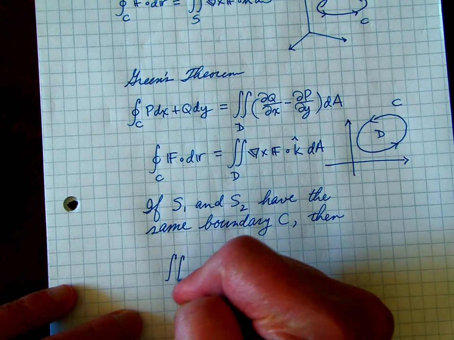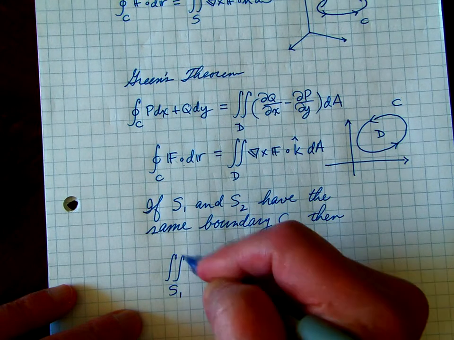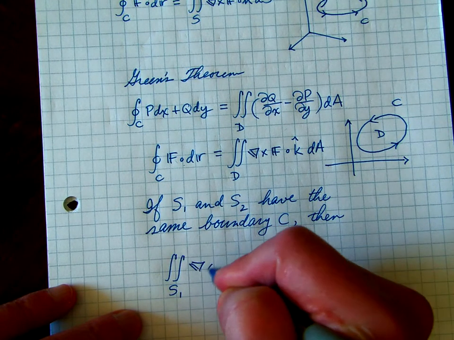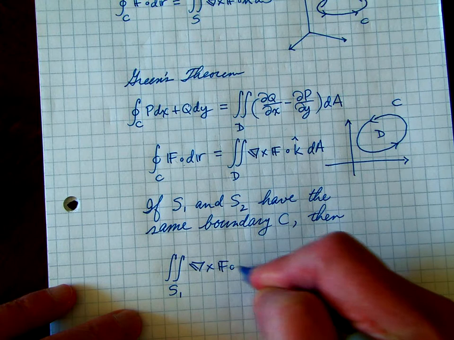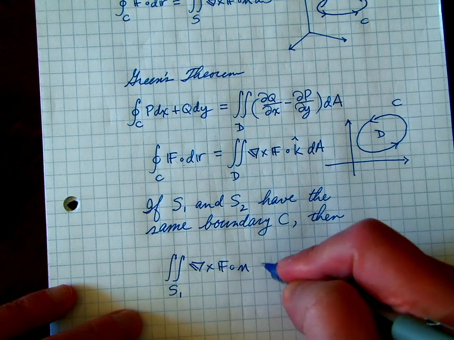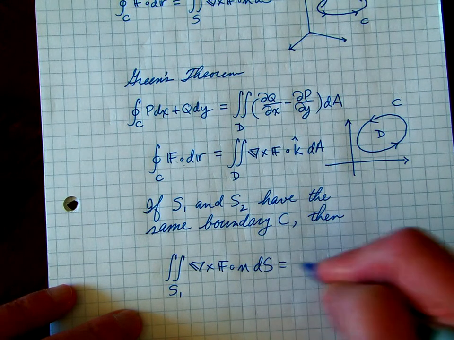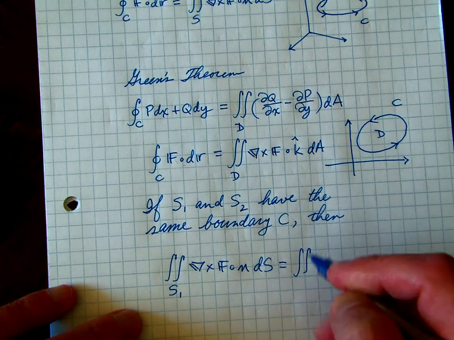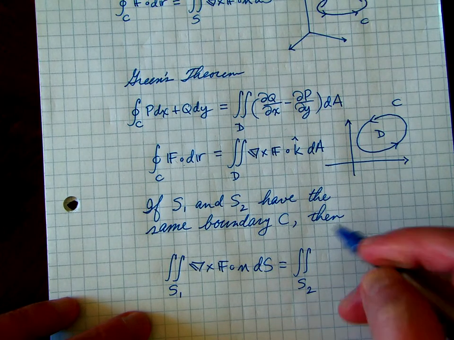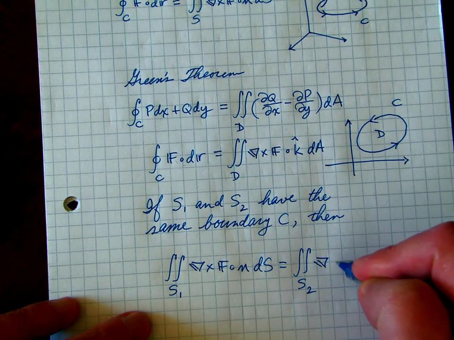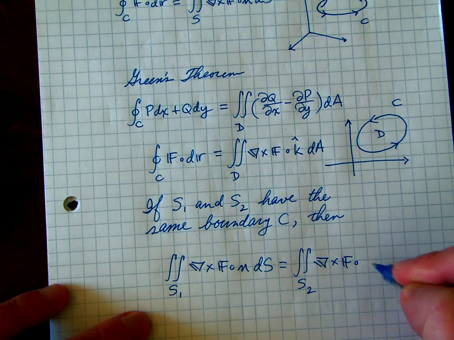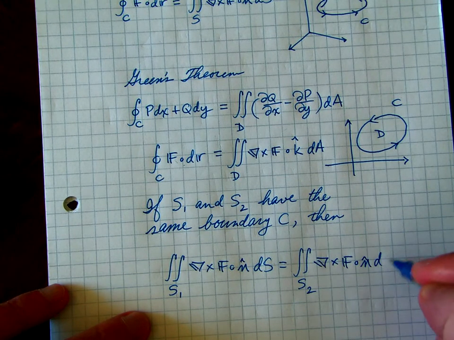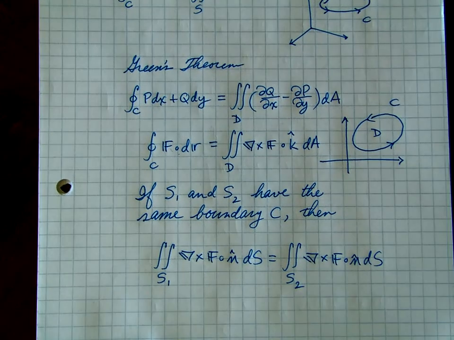The integral over S1 of the curl dotted with n is going to be the double integral over the surface S2 of the curl dotted with whatever n is for this other surface. This is an example of surface independence.